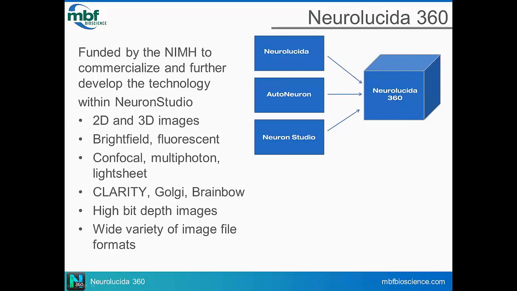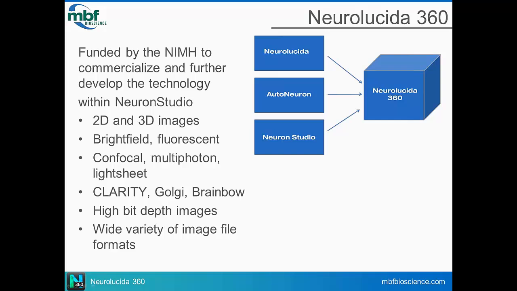And while we're focused right now on fluorescently labeled material, we also work in bright field, 2D and 3D images. So if you're working with in vitro preparations, Neurolucida 360 will analyze that data as well. Fluorescent material can be created with a confocal or multiphoton, light sheet microscopy, or even standard epifluorescence.